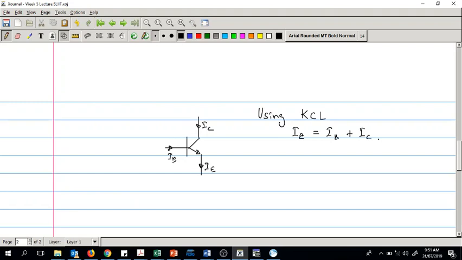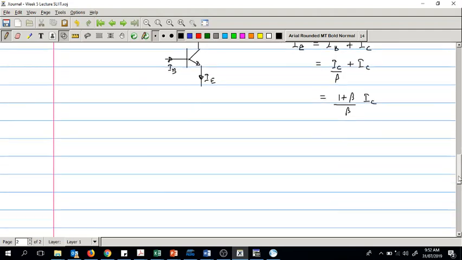Now IC is beta IB, so IB is equal to IC over beta, so IE is equal to IC over beta plus IC. So this is 1 plus beta over beta IC.